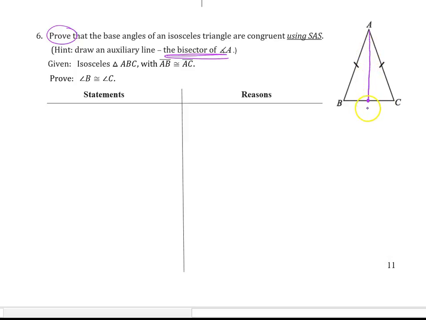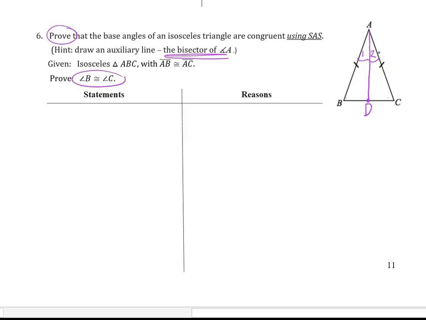And let's call that intersection point D. Okay, so if that's the angle bisector of A, we'll label these 1 and 2. If we're trying to prove that the angles are congruent, we're essentially proving that angle B and C are congruent, right? Well, I know 1 and 2 must be congruent because of how I drew that auxiliary line.